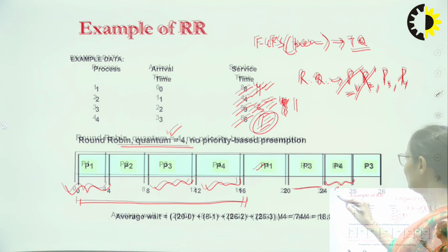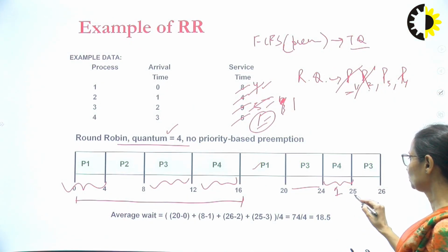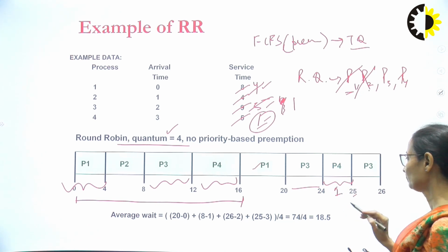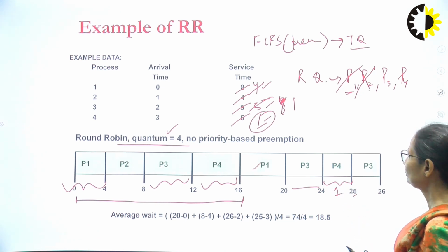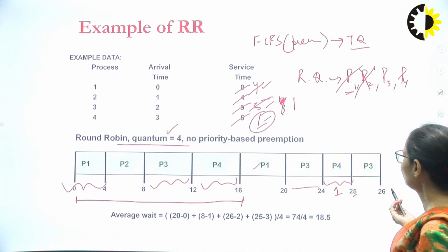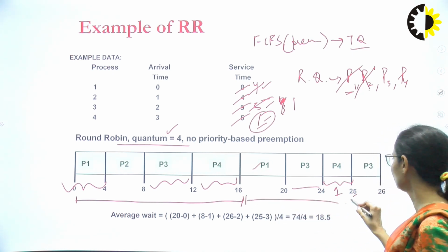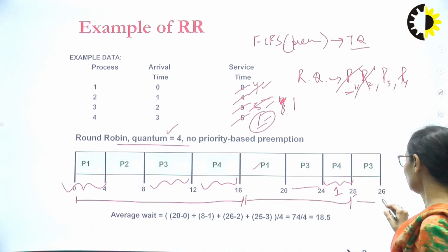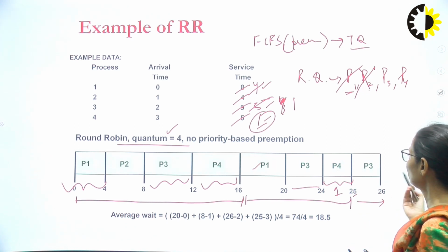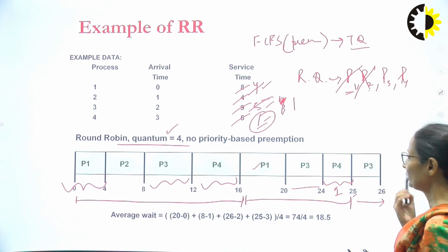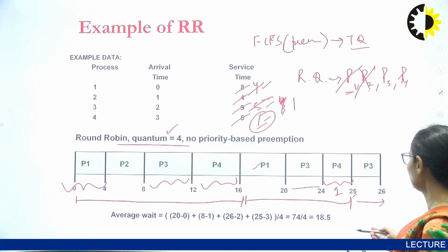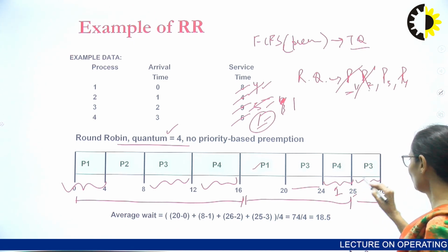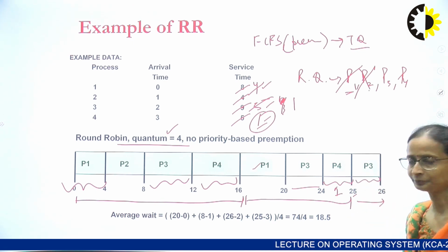It will leave the system at 25. After that comes P3 again in the next cycle. This is where my second cycle finishes. Now I will repeat the process. In the next cycle, only one process is there, P3, and its requirement is 1, so it will consume only 1 unit.